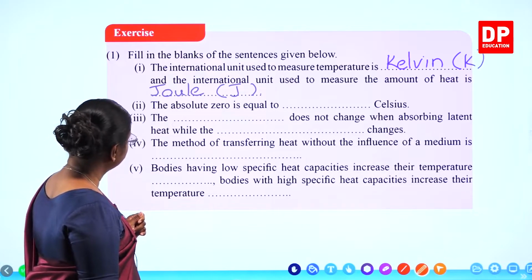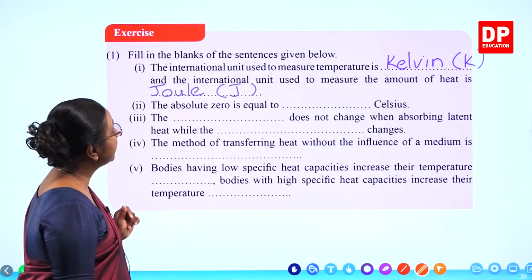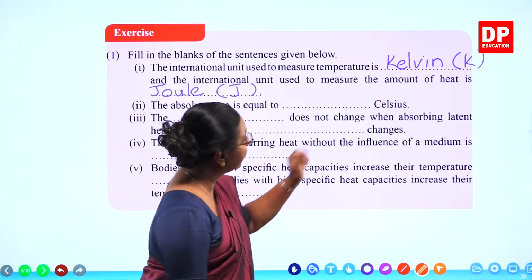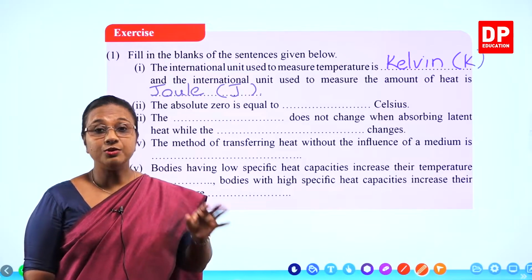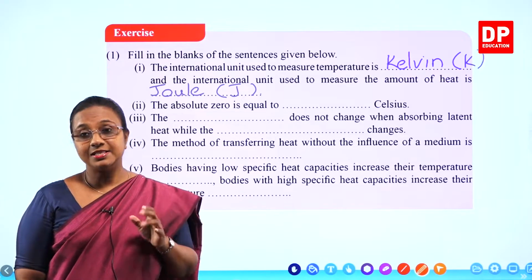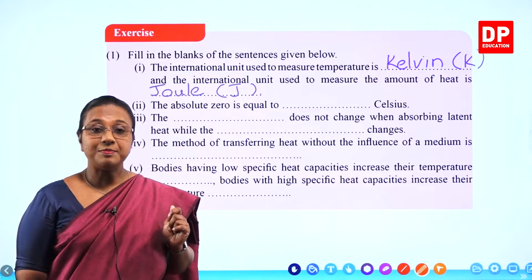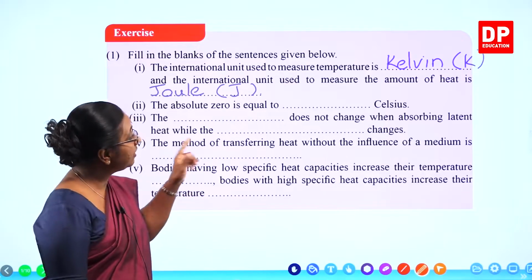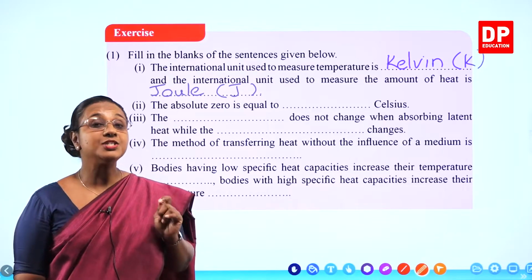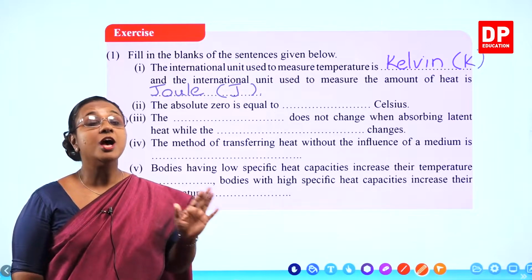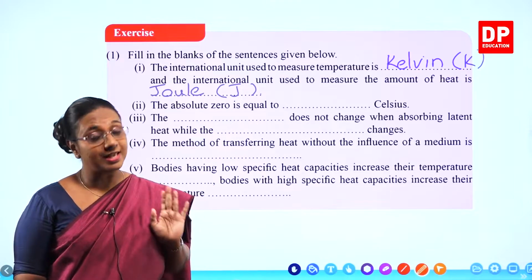The second one, the absolute zero is equal to blank Celsius. So you all know if it is absolute 0, Kelvin is the normal absolute temperature. Otherwise, if we give it in Celsius, it has to be minus 273.15 degrees Celsius.